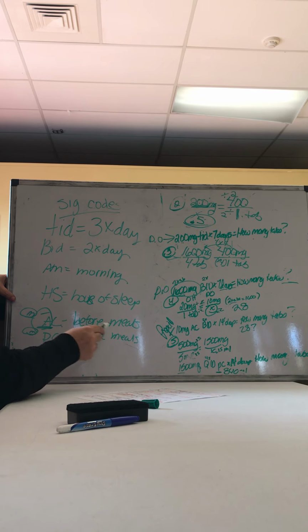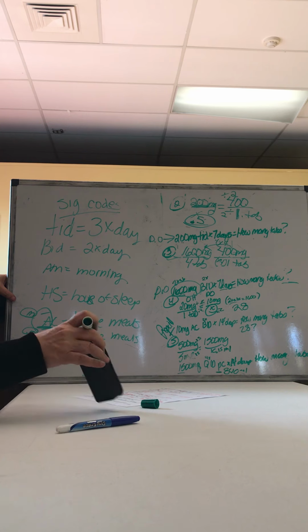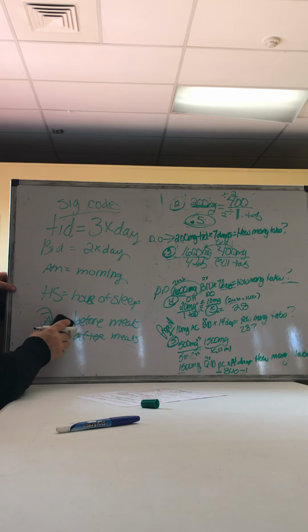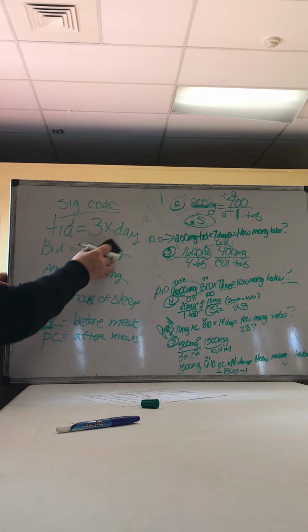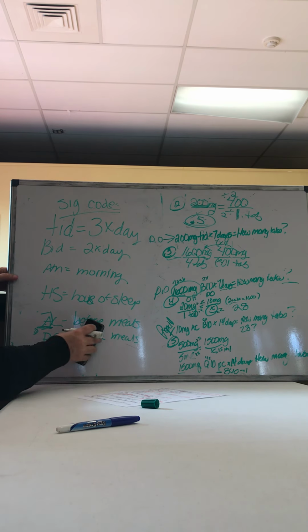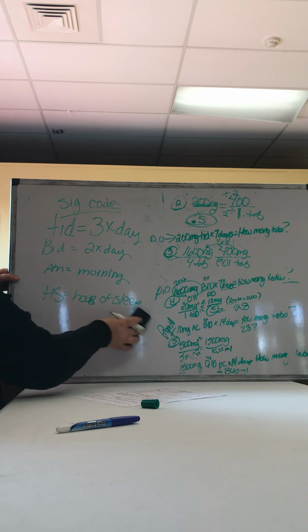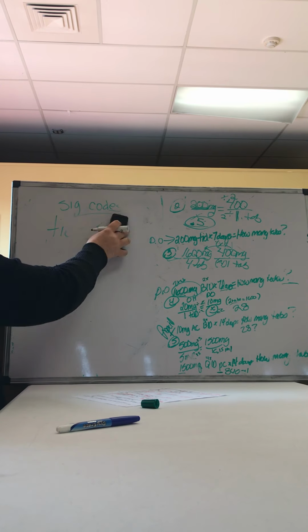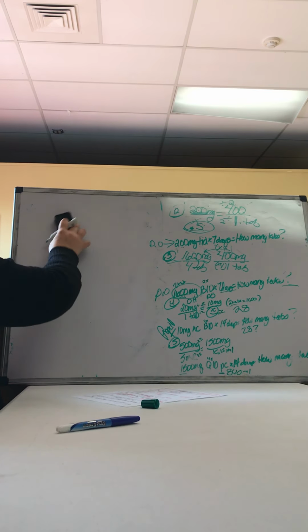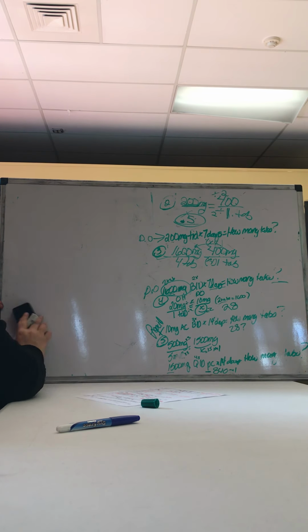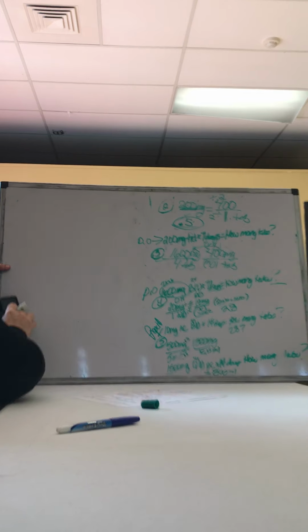Just find a way to help you remember those things, and these you will see every day on prescriptions. TID 3 times a day, BID 2 times, AM is morning, HS hour of sleep, AC before meals, PC after. You will see that over and over in the prescriptions you're going to fill every day. So part of this is knowing your SIG code so you can figure out how much medication you are going to put inside of that bottle.